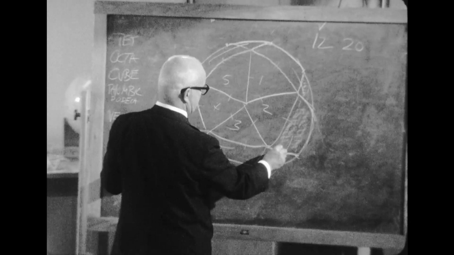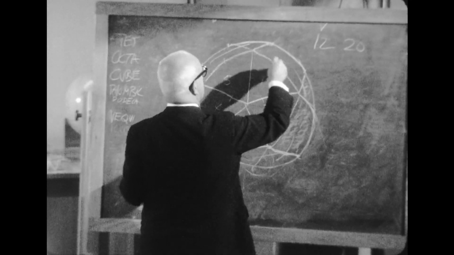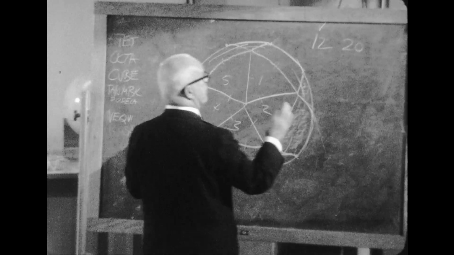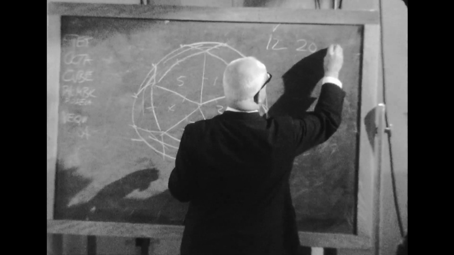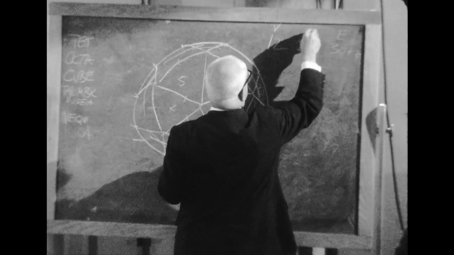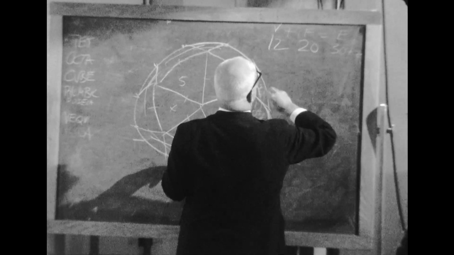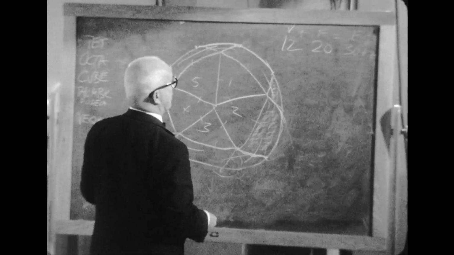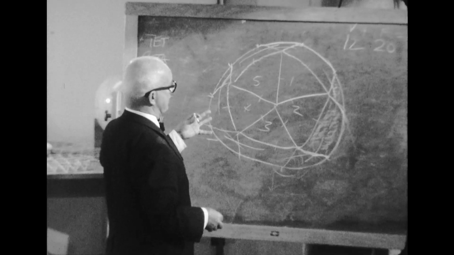This is a half an edge, 11, 12, 13, 14, 15 edges in this hemisphere, 15 in the other hemisphere, 30 altogether. 30 plus 2. So B equals F plus 2. So there are 30 edges in the system.